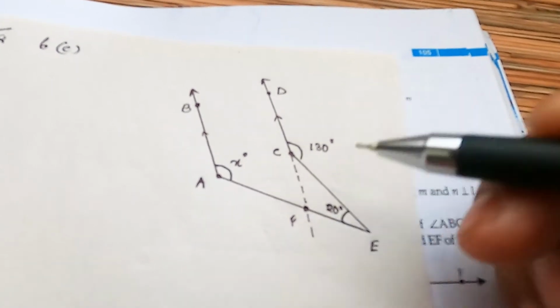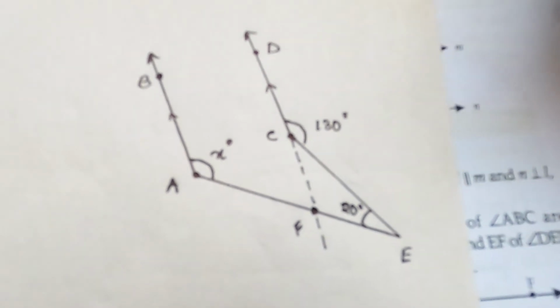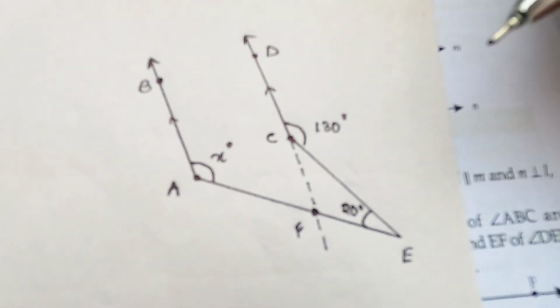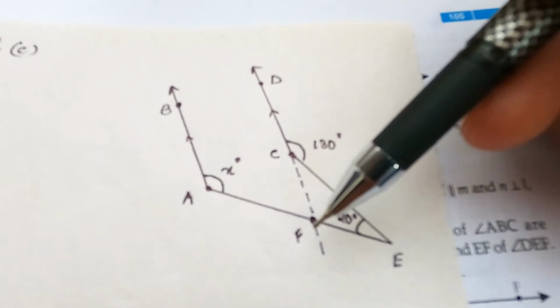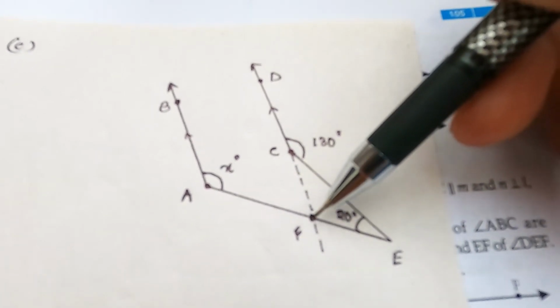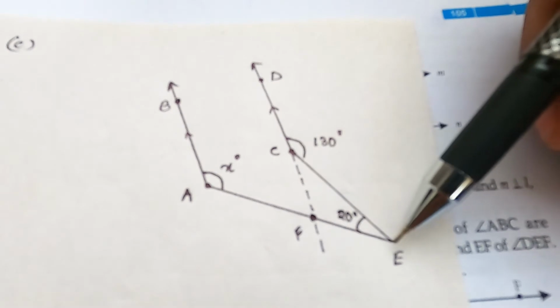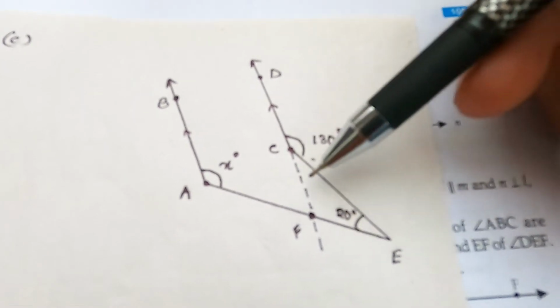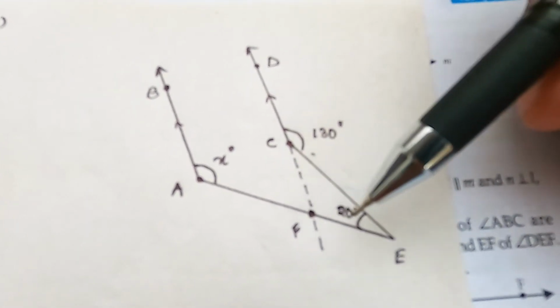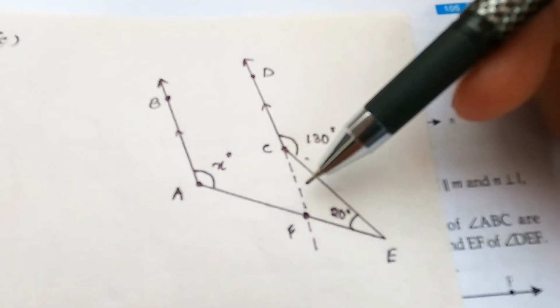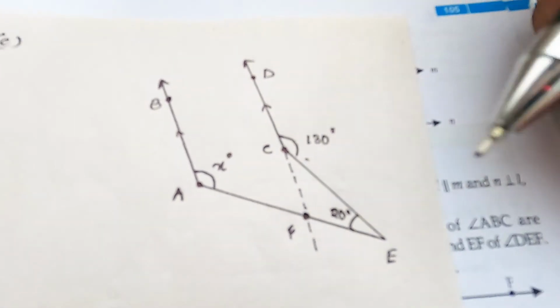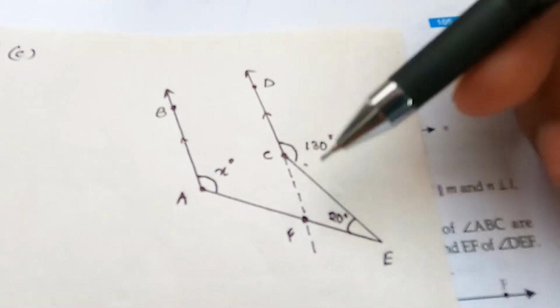From here we can see that a triangle is being formed. The triangle which is being formed is triangle FEC. Let us see now whether we are able to find the measurement of x.